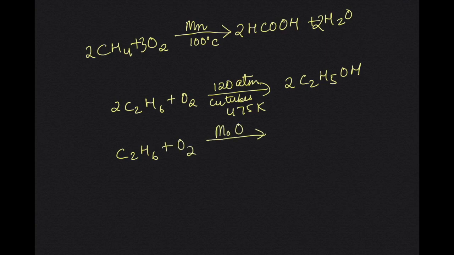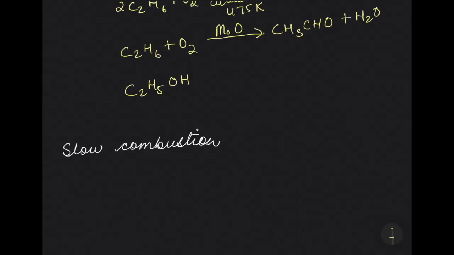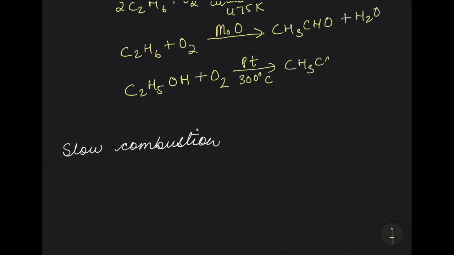Molybdenum oxide, we get acetaldehyde plus water. Again, if we take ethyl alcohol and oxygen in the presence of platinum at 300 degrees Celsius, acetic acid will be formed with water.